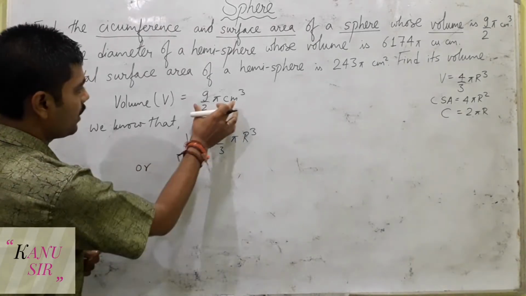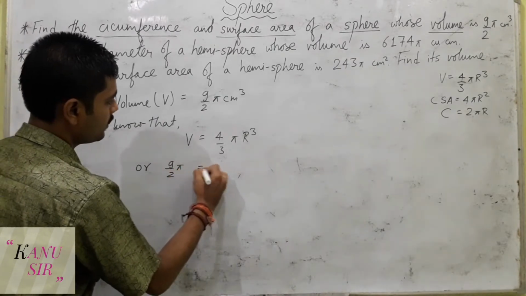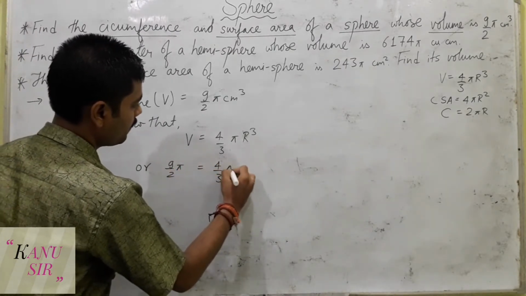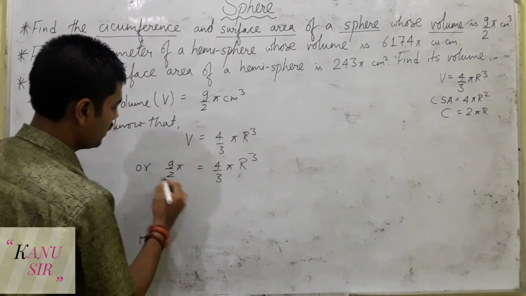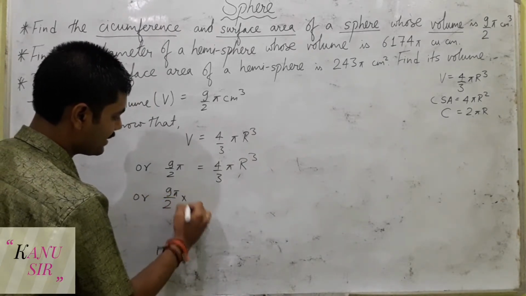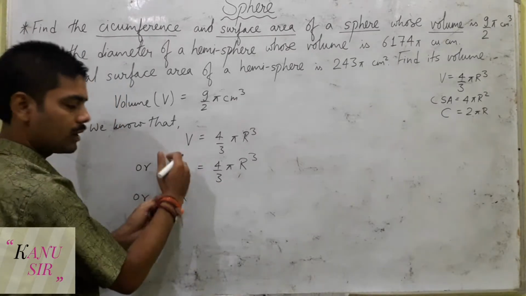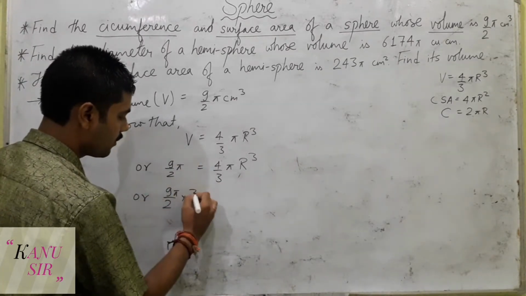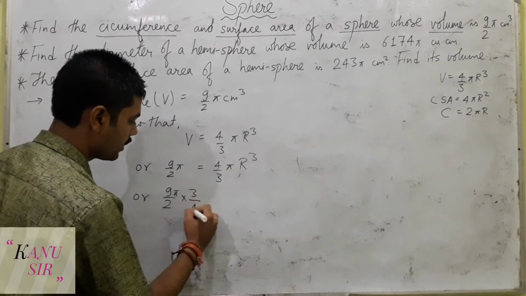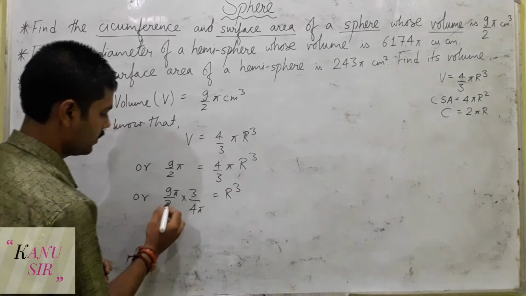The value given is 9/2 pi equals 4/3 pi r cube. When this 3 goes to the left side, it comes up, and 4 and pi will be down, equals r cube.